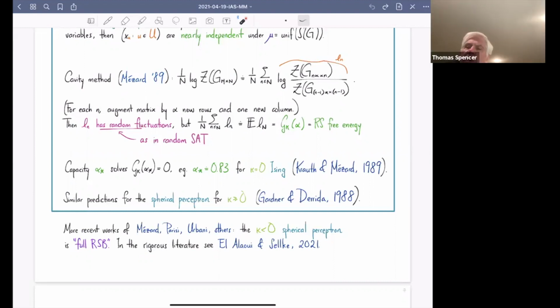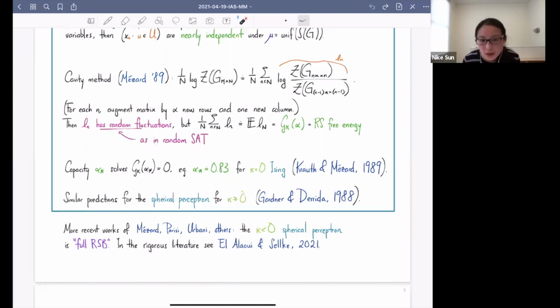But you have some reference there to Selke and so forth. So what does that do? Yeah, I think Ahmed might be here. I believe it's an algorithmic work, under the assumption that it has the Parisi full replica symmetry breaking. They show that there is an algorithm which can find a pure state of this model. Should it have one pure state, or many?